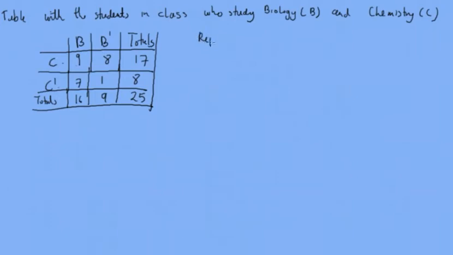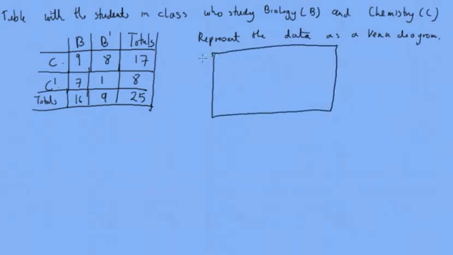So firstly we want to represent the data as a Venn diagram. So we've got our complete set here, and this is going to be the 25 students altogether. Now we've got our biologists, and we have our chemists, and we know that there's one student who studies neither, so he'll sit out here.